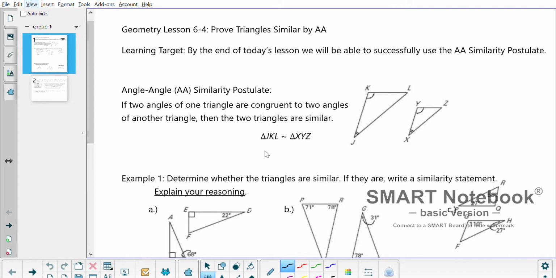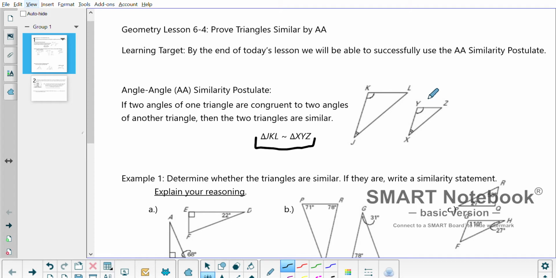These triangles are similar as stated here, and our corresponding angles are congruent. So you can see angle J corresponds to angle X. Those are congruent. Angle K corresponds to angle Y. Those are congruent. And that would mean that angle L corresponds to angle Z, and those are also congruent.